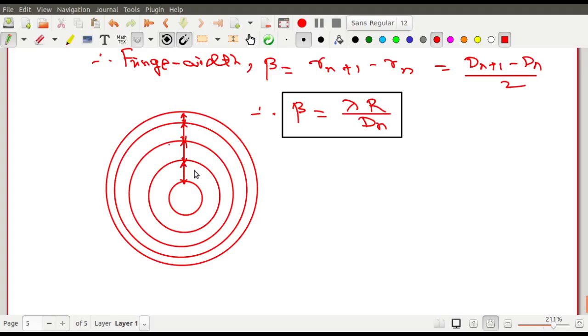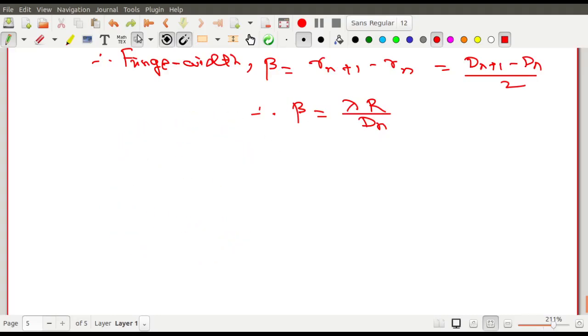That is the fringe width. You look at this beta and you look at this beta. Are these two betas the same? No. So this is the difference from the Fresnel biprism and the wedge shaped film. The fringe width over here is dependent upon the position where you are measuring. So this is a new observation that you find.